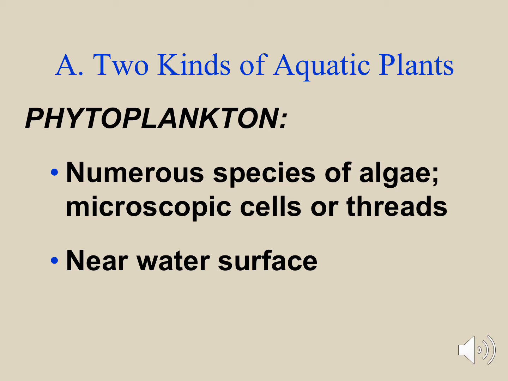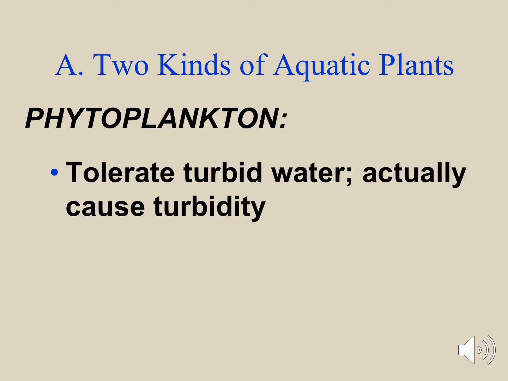They remain near the surface of the water so they can get sunlight. Because they remain near the surface, phytoplankton don't need clear water. They'll tolerate water that's murky or muddy or full of sediments. As a matter of fact, when their numbers rapidly multiply, they actually create turbidity on the surface.